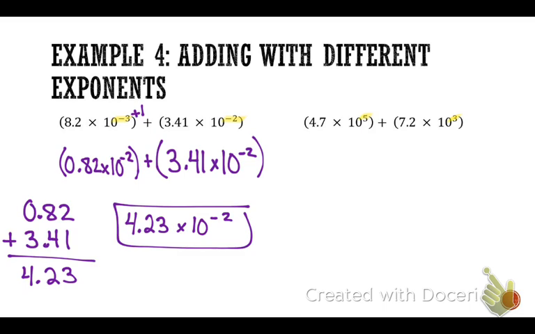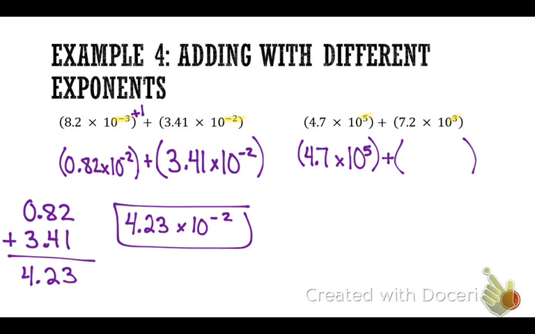So that means on the first one, I'm going to rewrite it. And now on the second one, I have to figure out how many I have to increase my exponent by to equal the larger exponent. And I want you to write that number next to the exponent. Write a plus and how many you think.